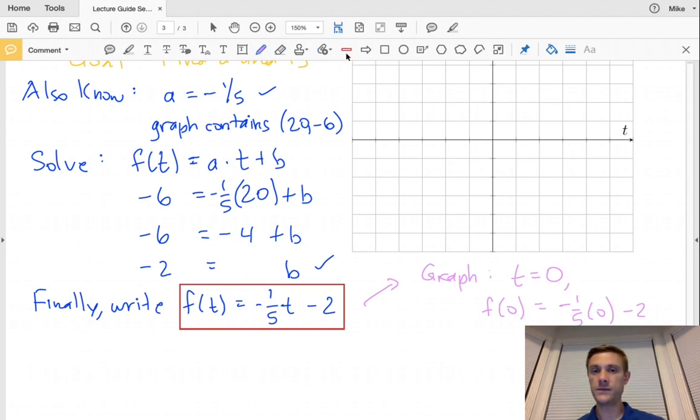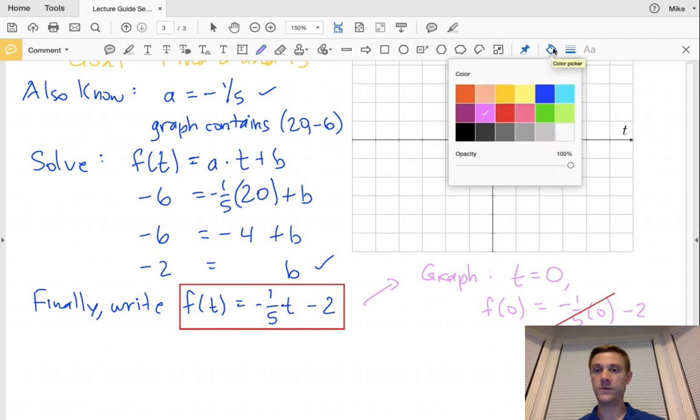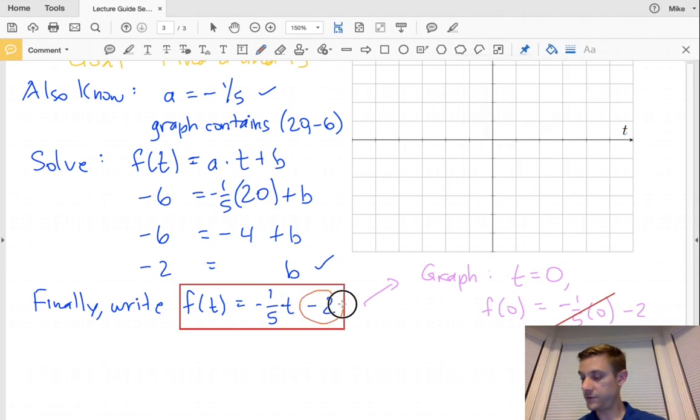So one of the lessons that you might take away from this is, since this is always going to go away, give me a line, there we go, then the output when t is equal to 0 is always going to be b. So that's actually a really helpful little tidbit of information here. So this negative 2, what this tells us is that b is, in this case, the q-intercept.